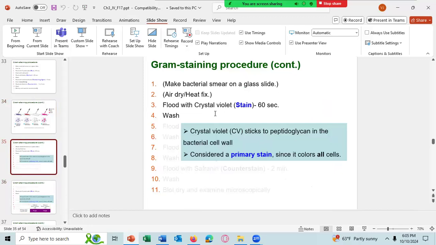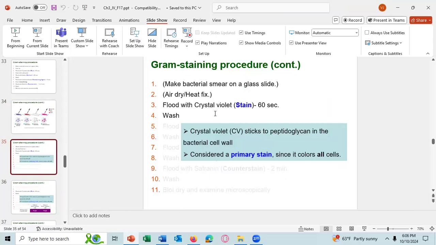The bacterial smear is a preparation you do before doing the Gram stain or any stain. You then take that bacterial smear and do the Gram stain. First, you flood with crystal violet for 1 minute. After that, you dump off the crystal violet and then gently wash the cells in cold water.